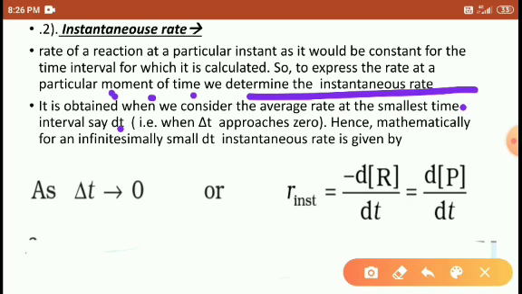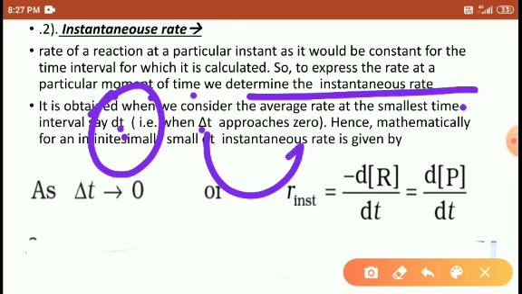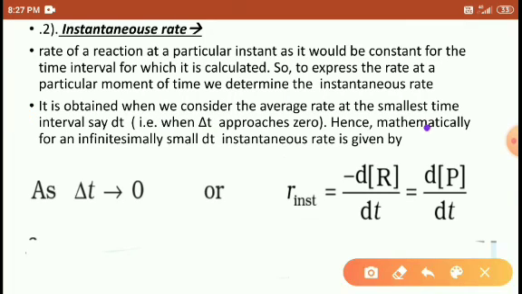So the instantaneous rate is very small, which is why it is represented by dt. Delta t approaches 0 because it is infinitely small.